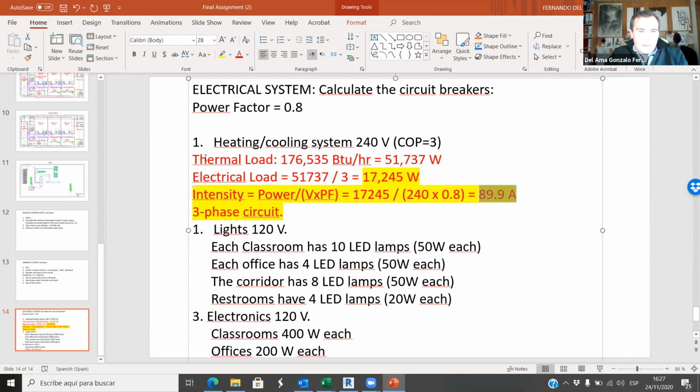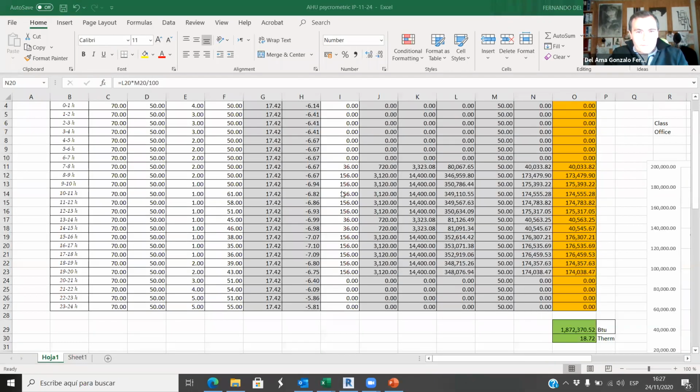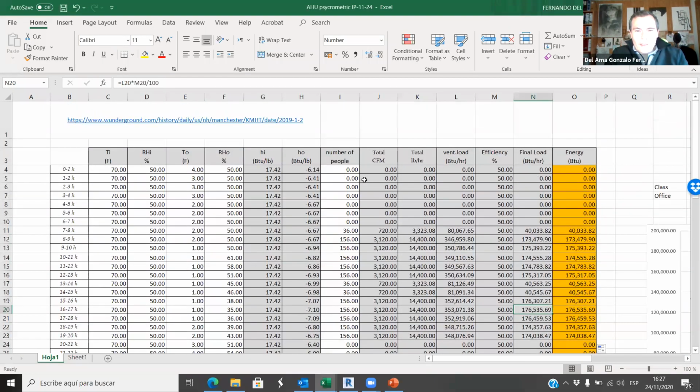Okay, so we have the thermal load in BTU hours. So this is what we take from this Excel file. Here we have to fill the indoor temperature, indoor relative humidity, outdoor temperature, outdoor relative humidity, and the number of people.